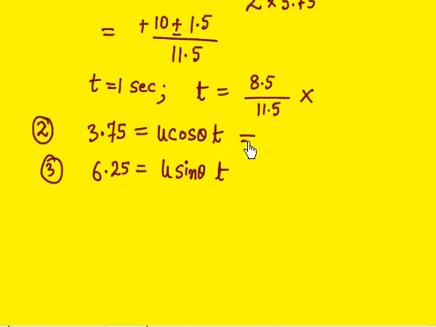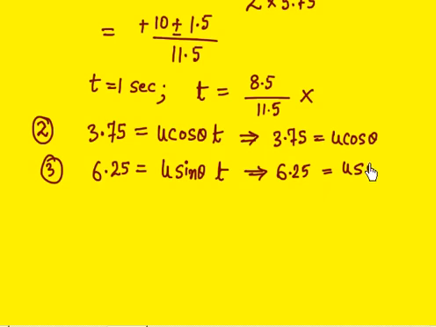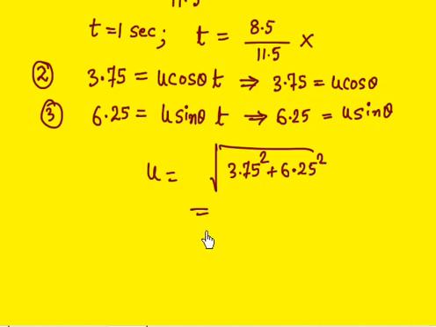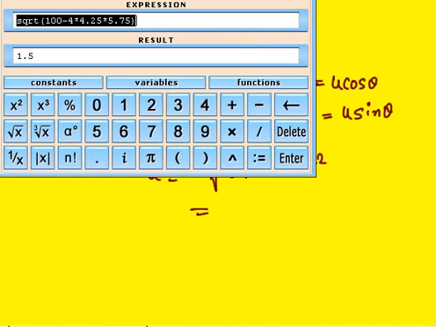So now I simply have 3.75 equals u cos theta, and 6.25 equals u sin theta. Now if you square and add these two equations, you will have u equals root over 3.75 whole square plus 6.25 whole square. This value you can calculate using a calculator.